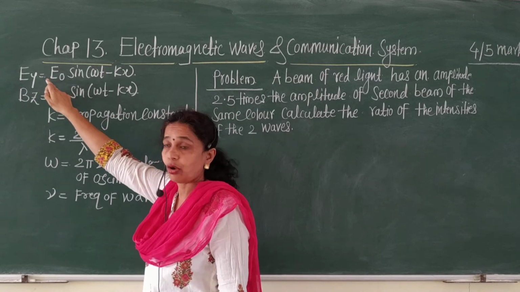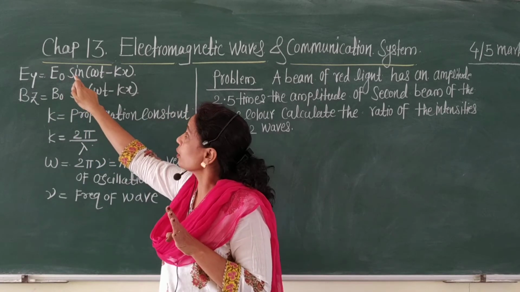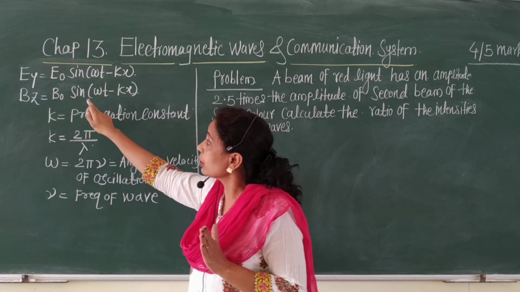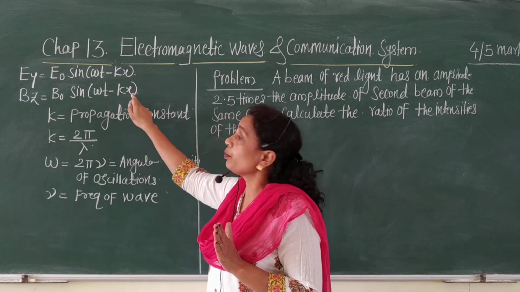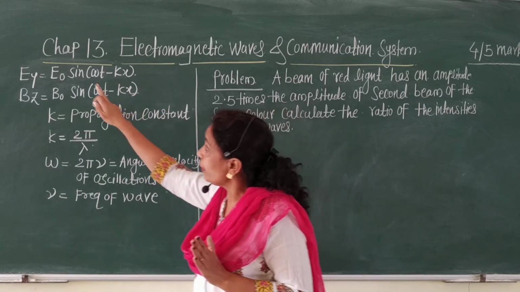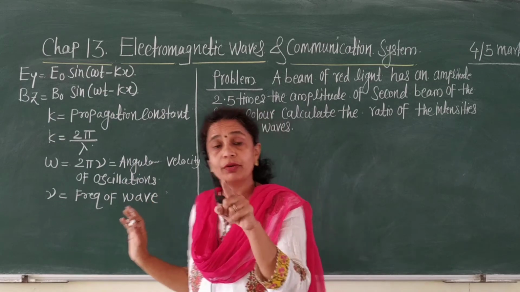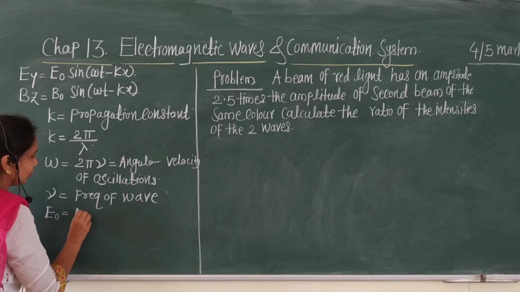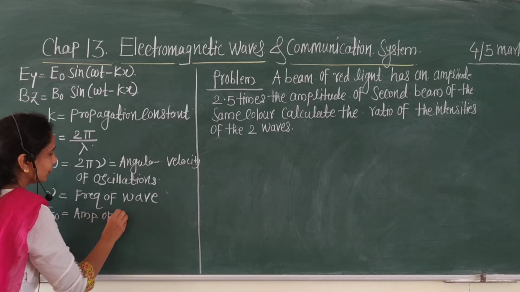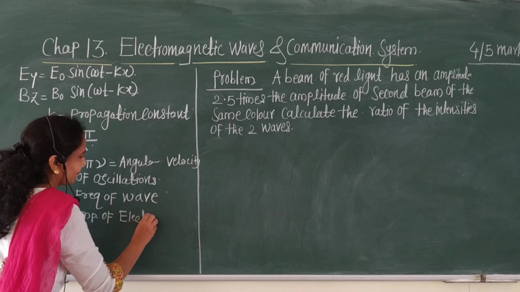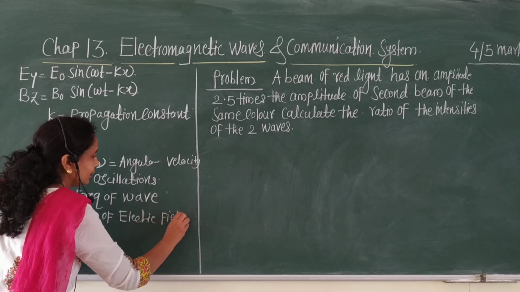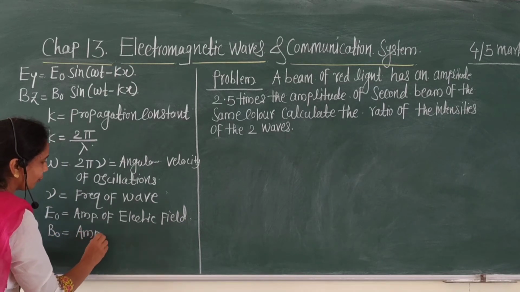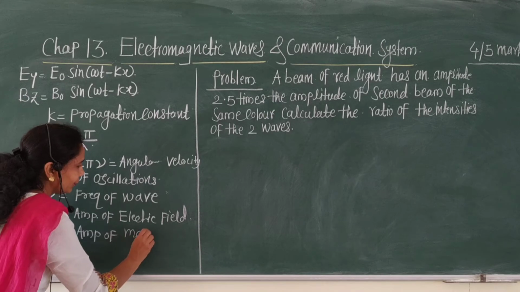So Ey equals E naught sine of omega t minus kx, and Bz equals B naught sine of omega t minus kx, where E naught is the amplitude of the electric field and B naught is the amplitude of the magnetic field.